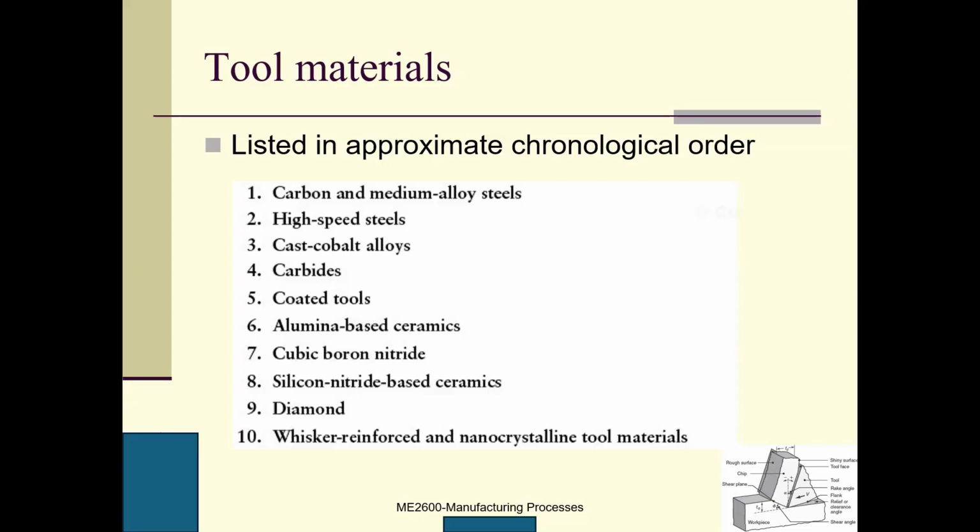Diamond is the strongest and hardest natural tool. Silicon nitride-based is also very great because ceramic comes into play. From carbide onward, people found coated tools with different coatings. Remember, diamond is the hardest natural material.